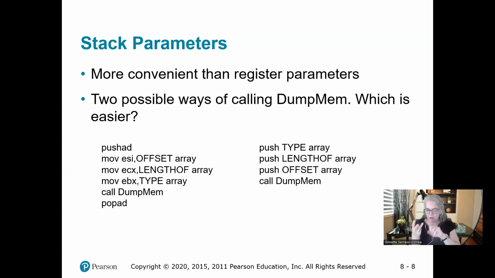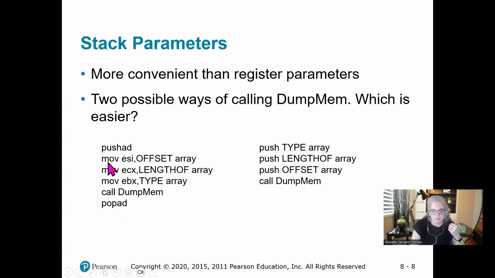So you'd pass it the offset of the array, the length, and the type. So you only have 3 pushes. You call dump mem. Here you have to push all the registers, or maybe you could just push these 3, but you'd have to push all 3, do the moves, and then pop them to restore them. So it is more moving around.